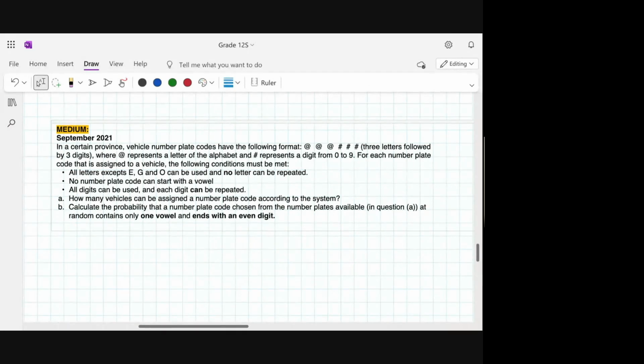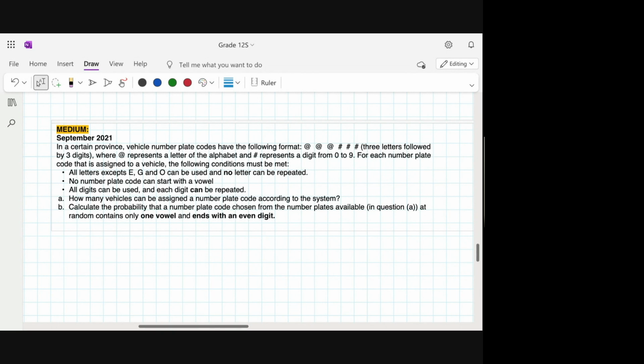All letters except E, G, and O can be used, and no letter can be repeated. No number plate code can start with a vowel. All digits can be used, and each digit can be repeated. A. How many vehicles can be assigned a number plate code according to the system?